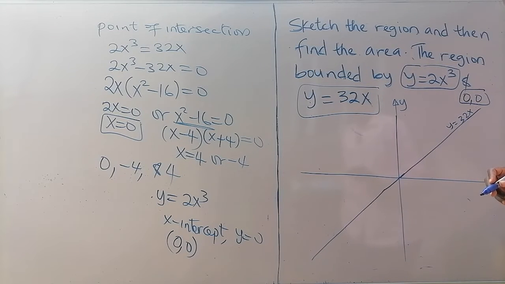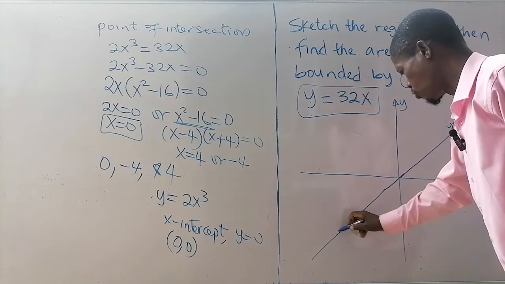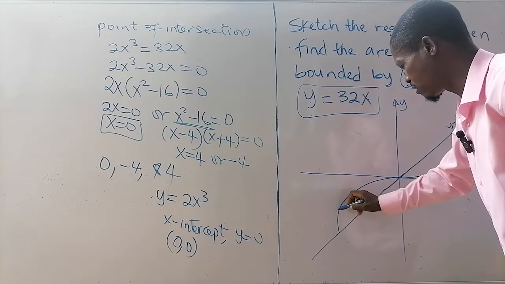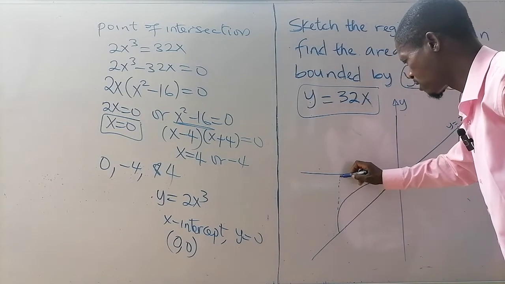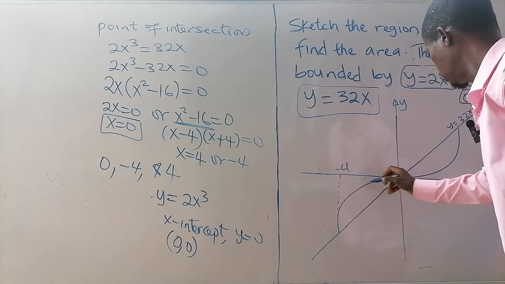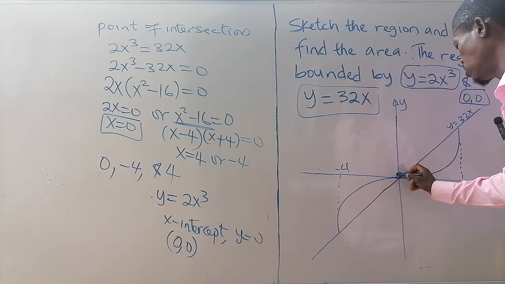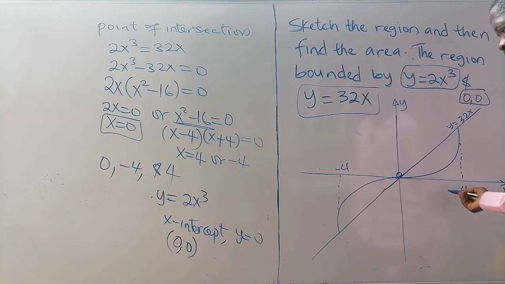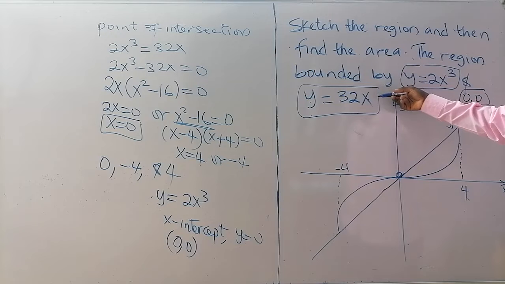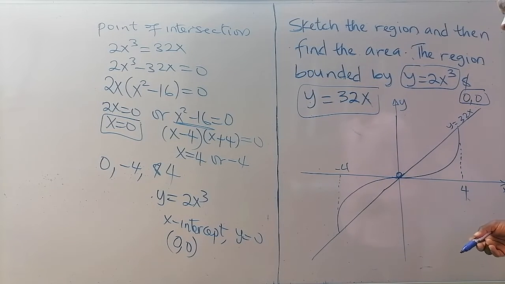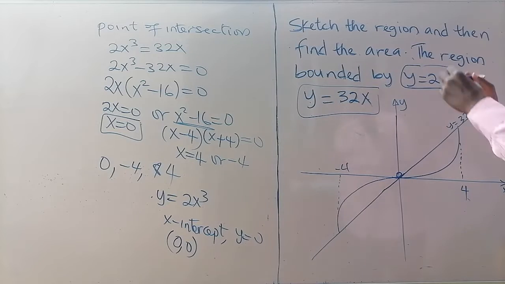Then for the cubic, we know the cubic graph is going to pass through the origin. Where the two graphs meet, this is my minus 4, this is my 4, and this is my origin. These are the points of intersection. Actually, all of them meet at the origin. Both the cubic and the straight line intersect at the origin.